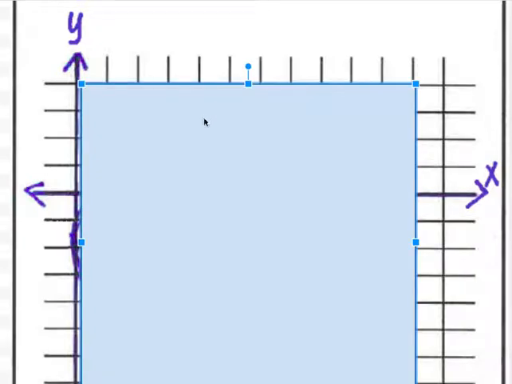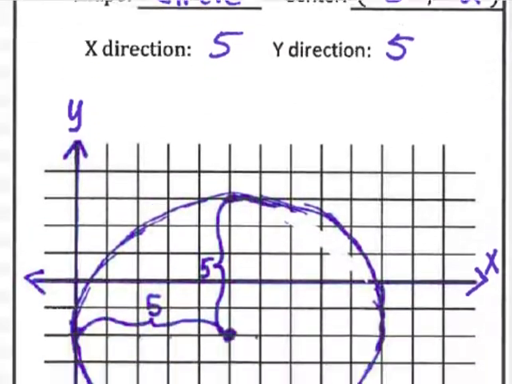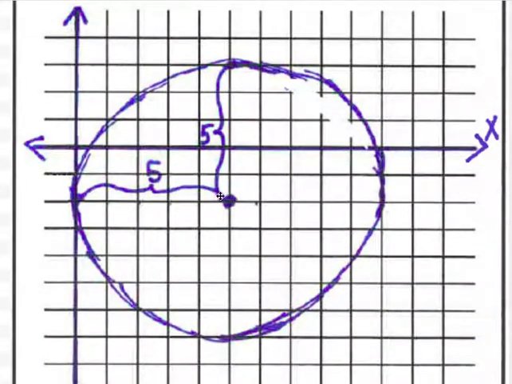And so we said that the center was at 5, negative 2, so we're going to go to the right 5 and we're going down 2. So if this is our x-axis, we're going down 2 from there. And then the radius is 5, so from this point we're going up 5 units, down 5 units, to the left 5 units, and to the right 5 units.